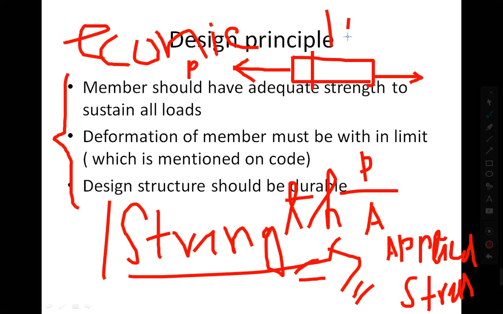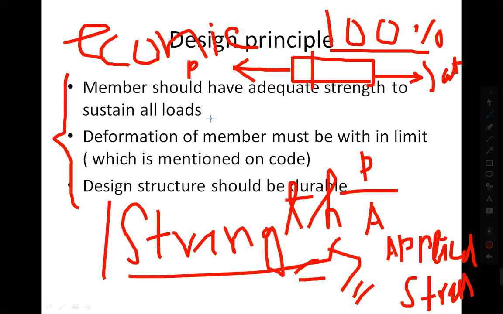So you choose the section or amount of reinforcement in such a way that the structure is economic. The structure member should be cost effective, but also the 100% safety has to be maintained. In no circumstances should the structure fail under the load.